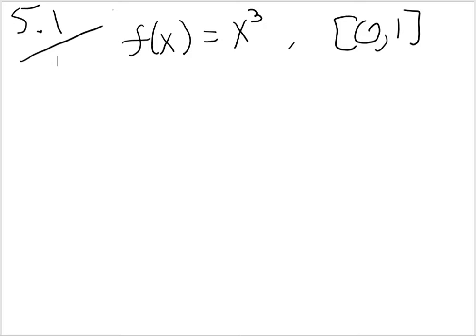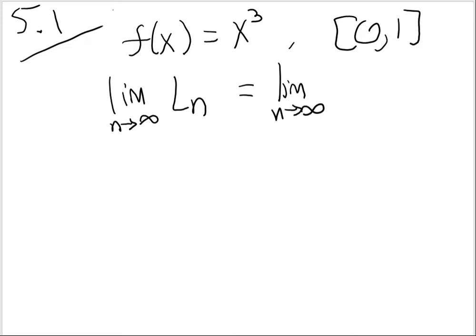It looked like if we took the limit as n goes to infinity of Ln, or the limit as n goes to infinity of Rn, we got what that area was. So why don't we just take Ln, simplify it in some way, and then take the limit and see what that turns out to be.